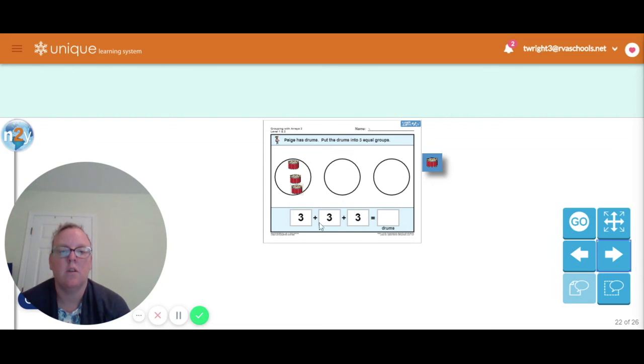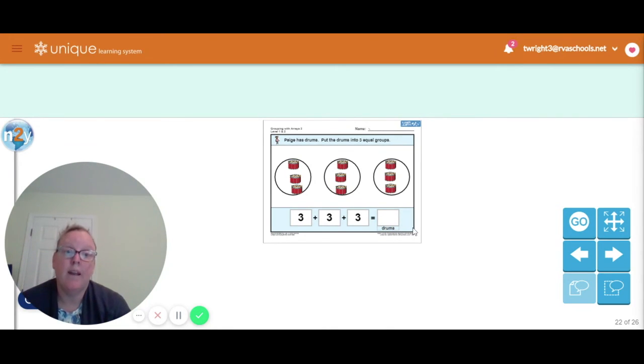And into this circle, it says to put 3 drums. 1, 2, 3. And in this circle, we're going to put 3 drums. 1, 2, 3. There we go. So 3 plus 3 plus 3 equals what?